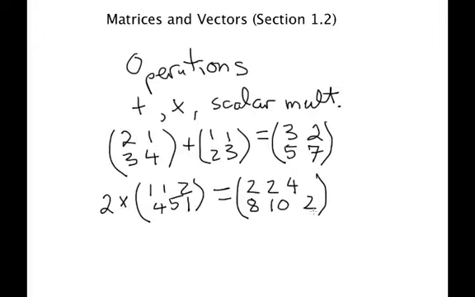Notice that both of these operations keep the same size of the matrices. You add two matrices and you get another matrix of the same size, and when you multiply a matrix by a scalar, you get another matrix of the same size. Now, let's look at matrix multiplication.